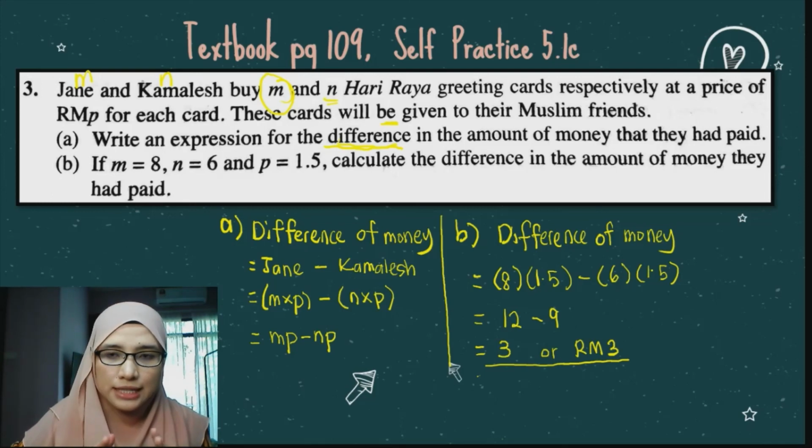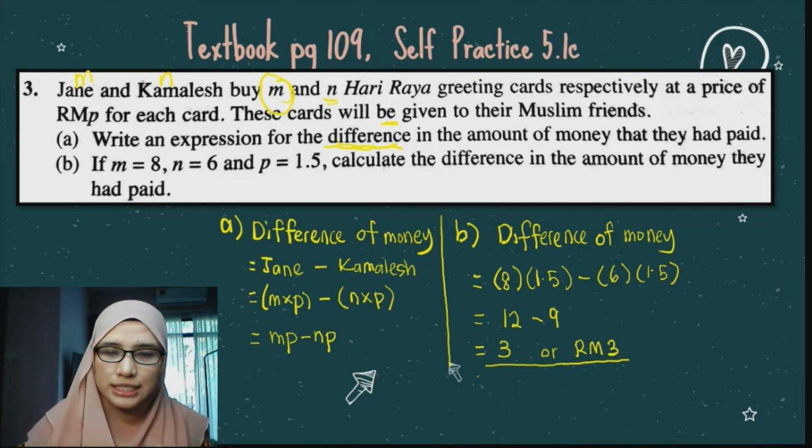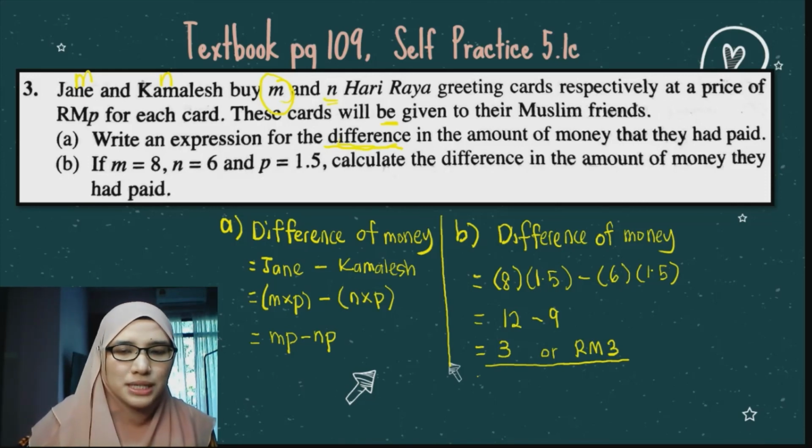We cannot have a negative number for money. So if you have a negative number in your answer, you need to redo your calculation. So you need to redo Jane minus Kamalesh. Whenever you calculate mass, amount of money, height of a person, those values cannot be negative numbers. So you need to redo your calculation. Simple as that. Don't have to worry too much.